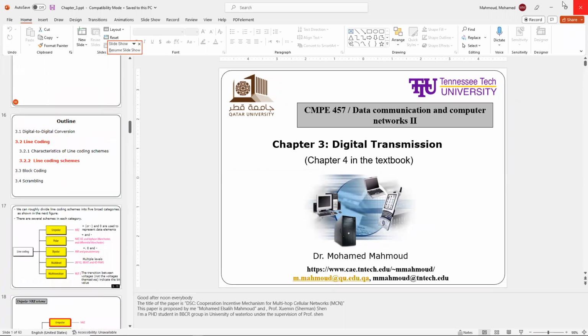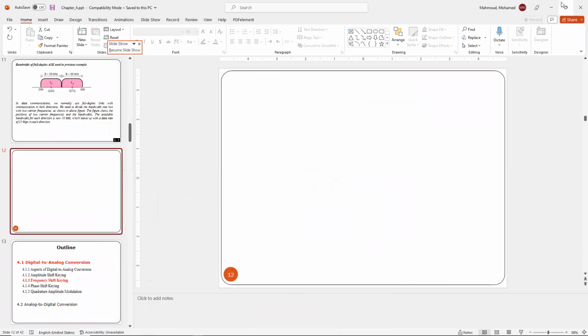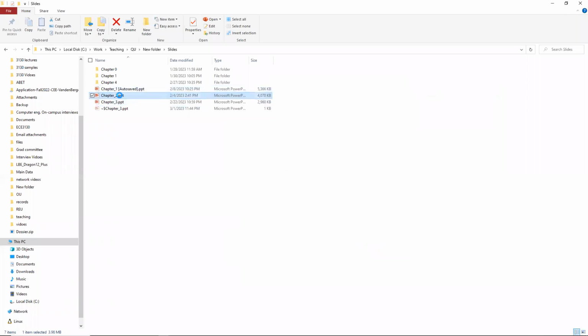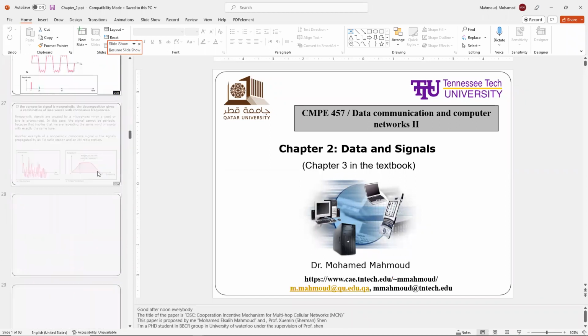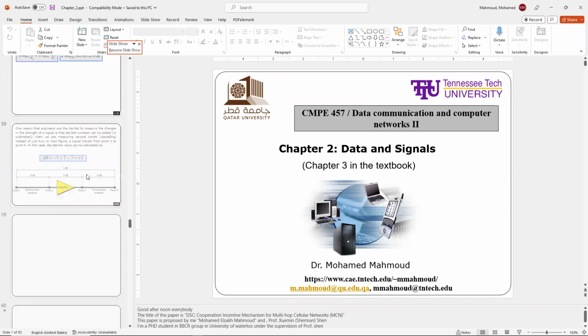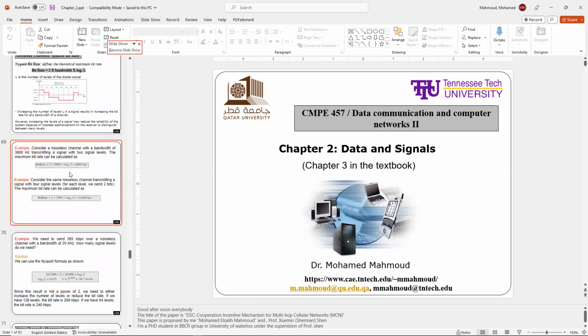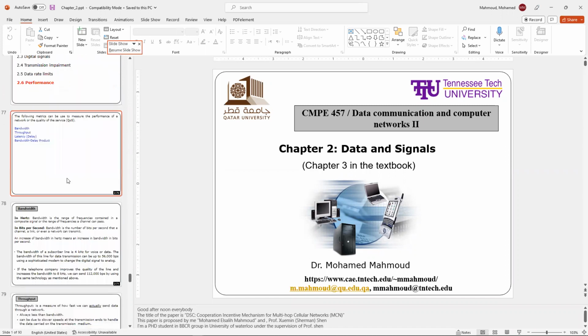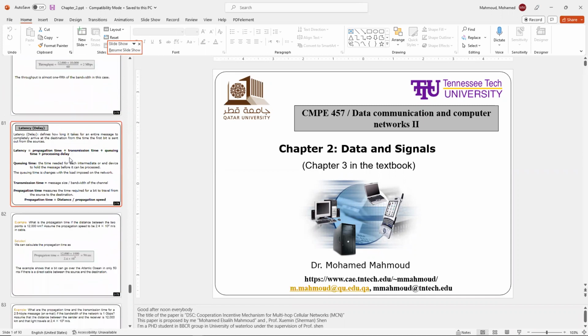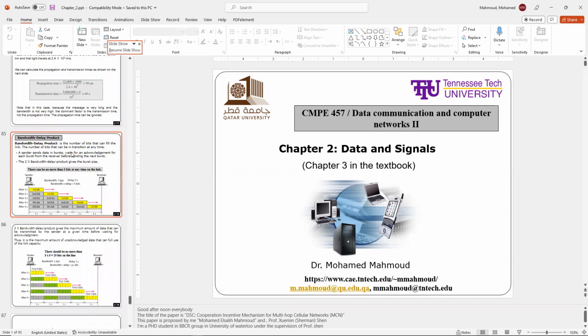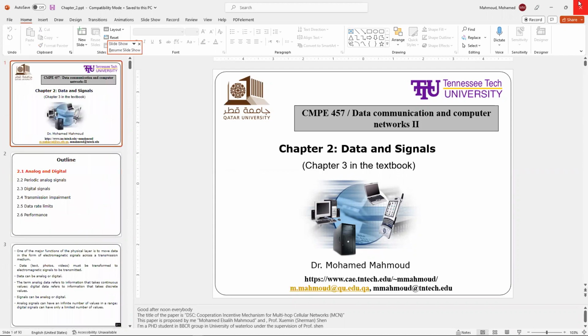You mean chapter 3, it's a whole chapter, right? But chapter 2, no, it's not 50. This is the easy part, the impairment part, and also data rate limits.